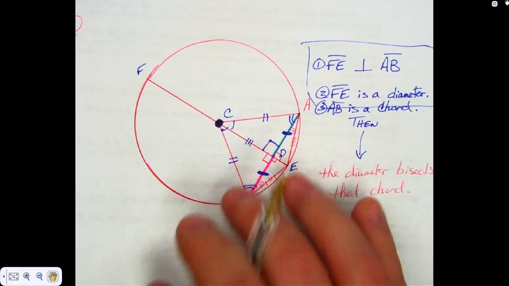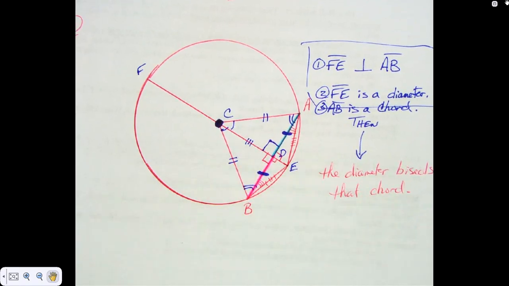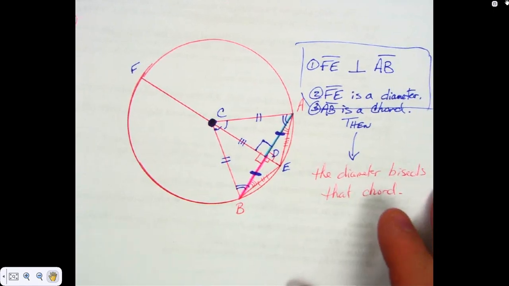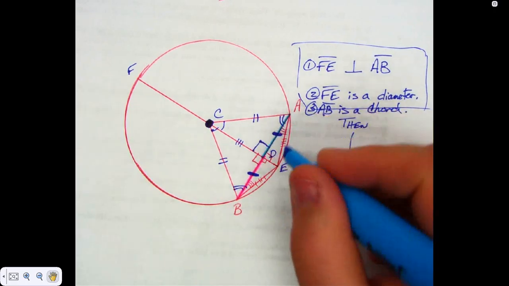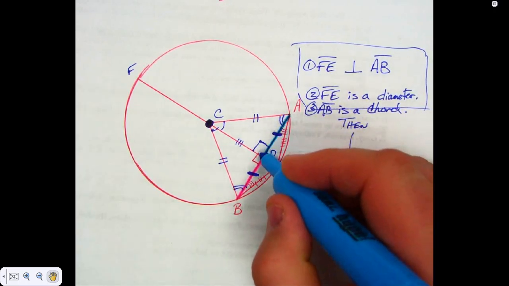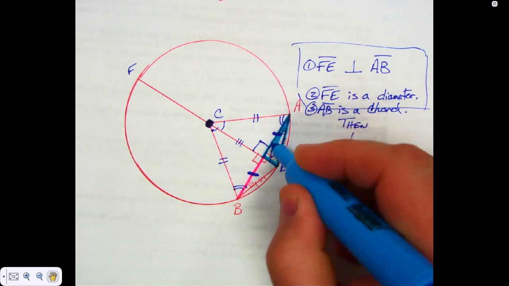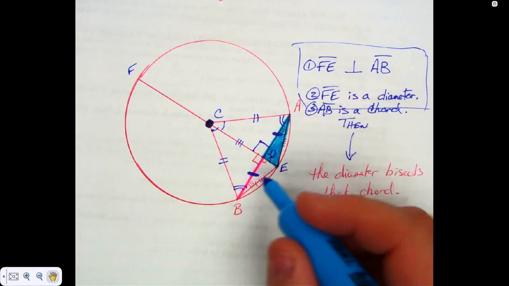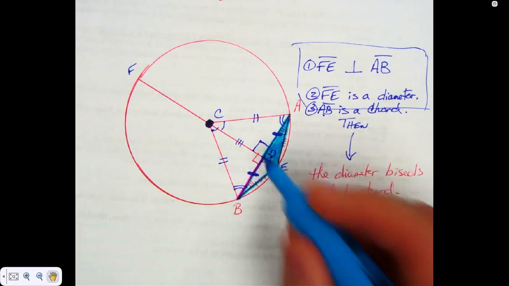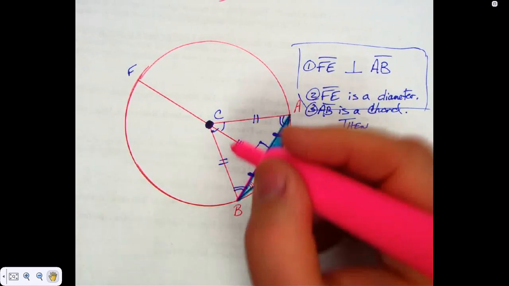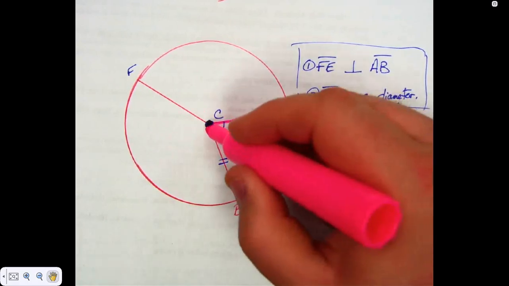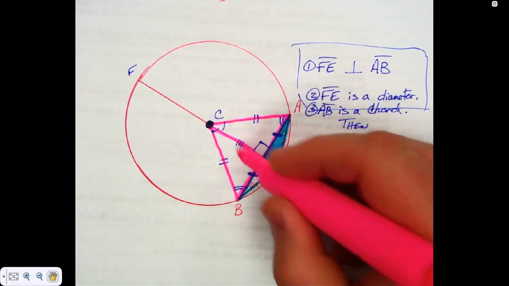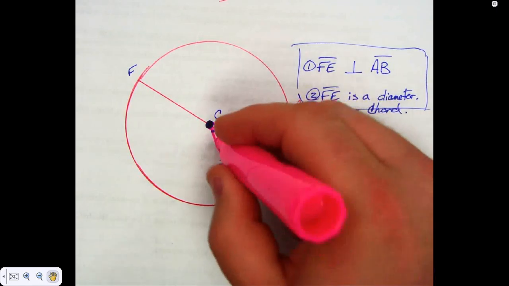So as you can see, a lot of different little things happen, huh? Basically what I'm saying is when you have a situation like this, this triangle is congruent to what? This triangle right here. Agreed? And this triangle created is congruent to what? This triangle created right here. Make sense?